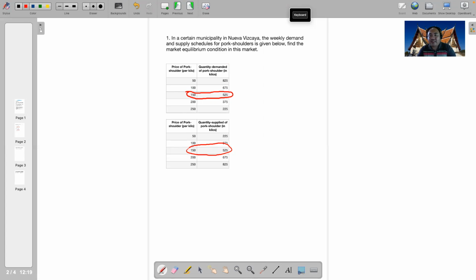So this is our equilibrium condition. Market equilibrium occurs when the price of pork shoulder is 150, because the 525 kilos supplied will all be bought by the consumers. So P equilibrium is 150 and Q equilibrium is 525.